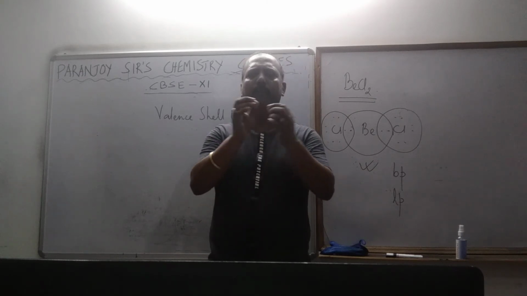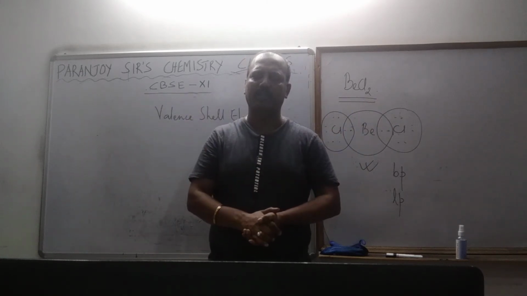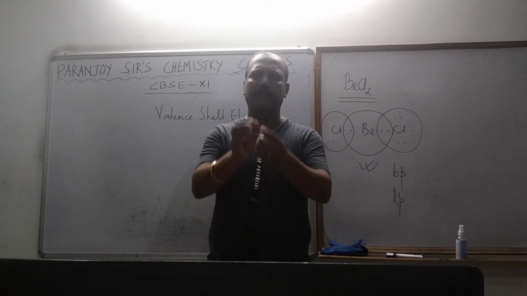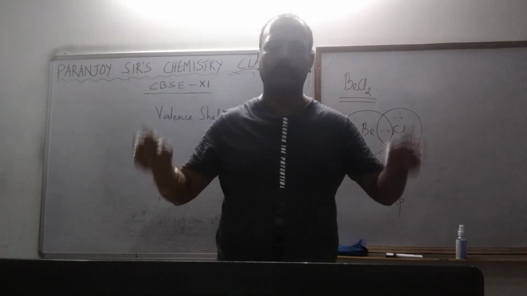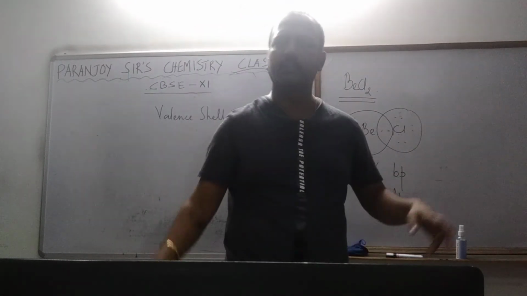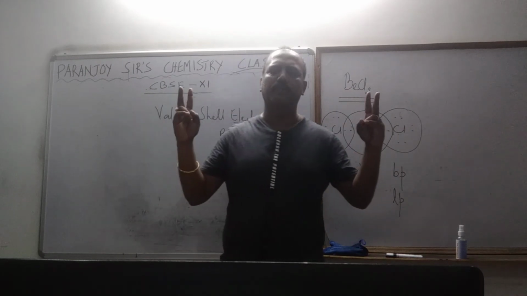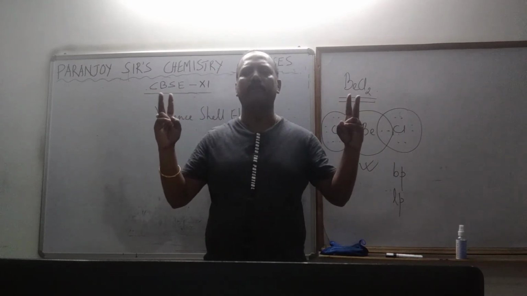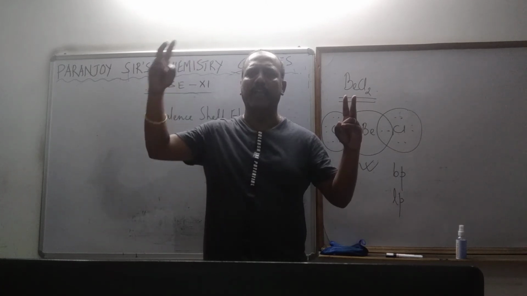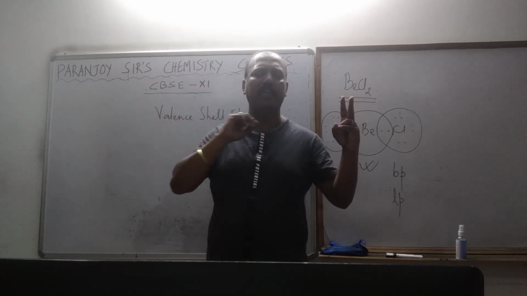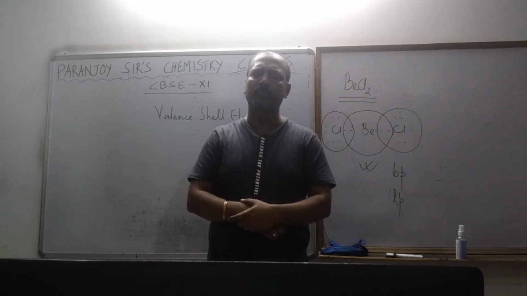Just think of any diameter of the sphere. If the two electron pairs are placed on the two sides of the diameter, then only the force of repulsion will be minimum. If either is moving anywhere, the force of repulsion will be more.